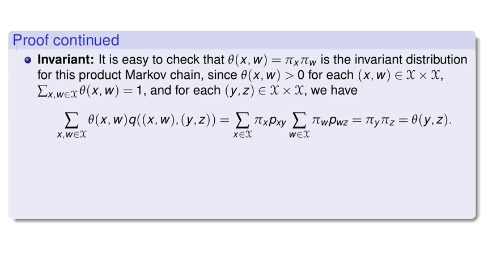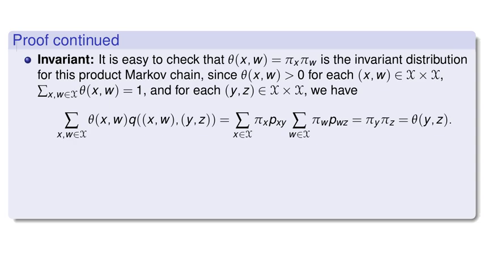Continuing the proof, let's consider the invariant distribution for this product chain. It's easy to check that θ(x,w) = π_x times π_w serves as the invariant distribution. This is because θ(x,w) is greater than 0 for each pair (x,w) in 𝒳 × 𝒳. Also, the sum over all x and w in 𝒳 of θ(x,w) is 1.